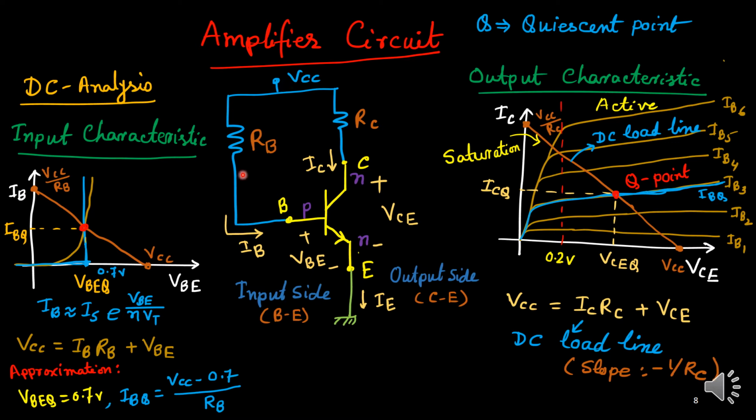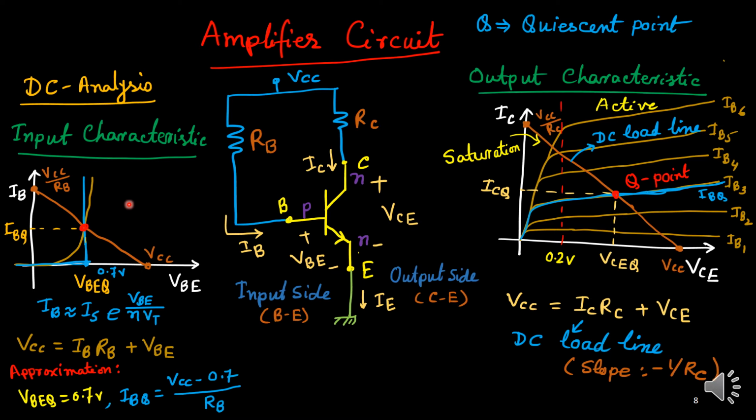The drop across RB is IB into RB, plus VBE. This is the input side equation, a straight line equation. We can plot it, and the crossing point with the PN diode curve gives the solution, exactly the operating point. I'll call it IBQ and VBEQ.